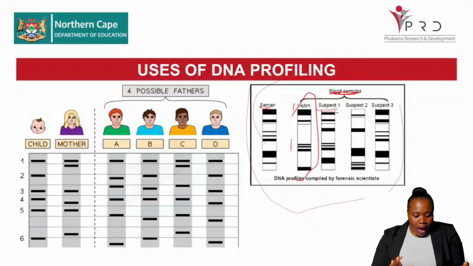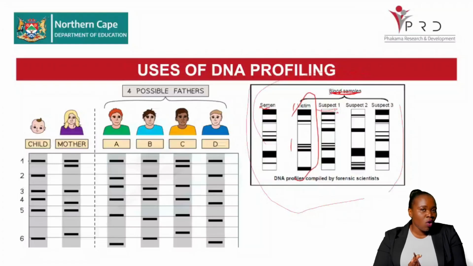So how we identify these can differ. How we use DNA profiling in paternity testing and how we use it in a crime scene might differ, in the sense that here, when we are looking at paternity testing, we first have to compare the DNA profile of the child to the mother, and then the remaining bands that did not match with the mother on the child's profile should then match the father.